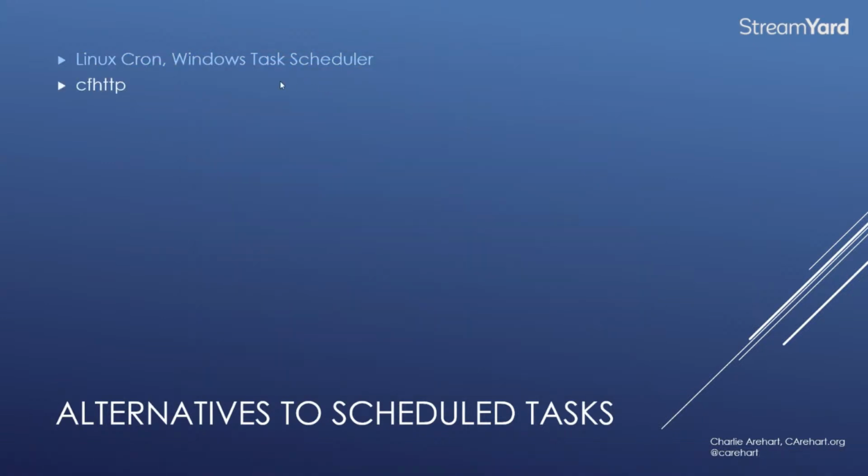And then cfHTTP. I showed you earlier that you could use cfHTTP as a diagnostic tool, but you could also, and let me just say this, that Cloudflare problem, one of the fixes I proposed was, remember I said, Cloudflare doesn't have a problem running a cfHTTP URL. It just has a problem running a scheduled task URL. So I said one solution would be have your scheduled task call a CF page, and the CF page does a cfHTTP to the URL you really want to run.